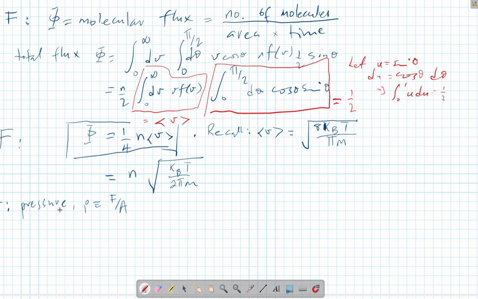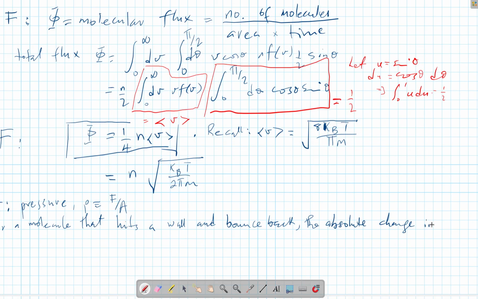So for a molecule that hits a wall and bounces back, if we assume that there isn't loss of energy and so on, one can compute the absolute change in momentum of the molecule.